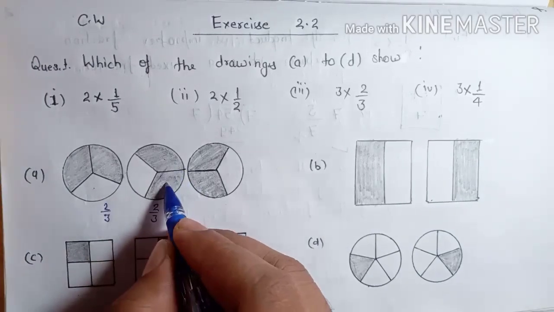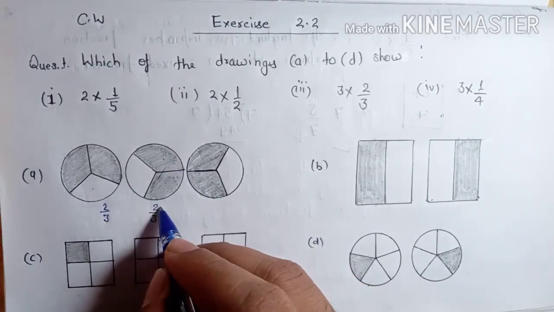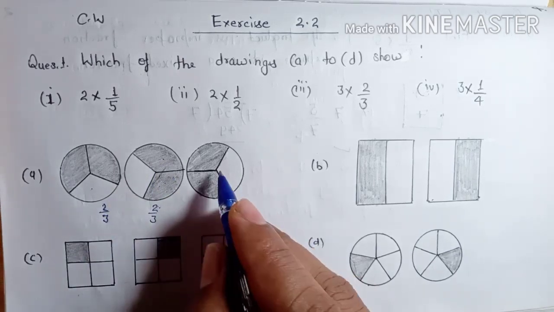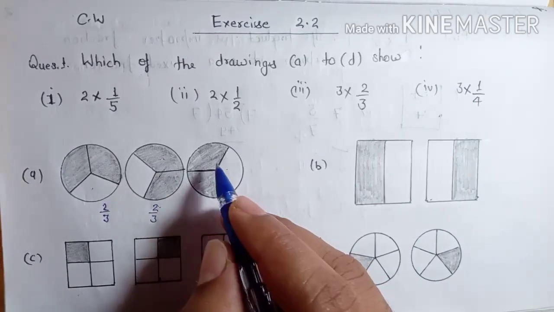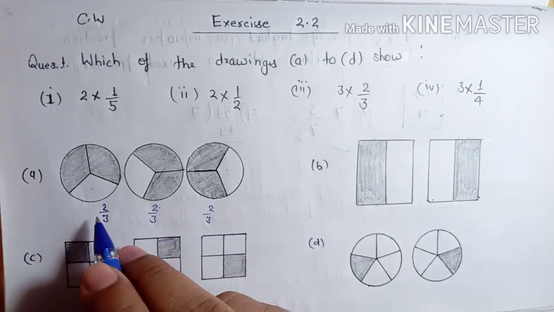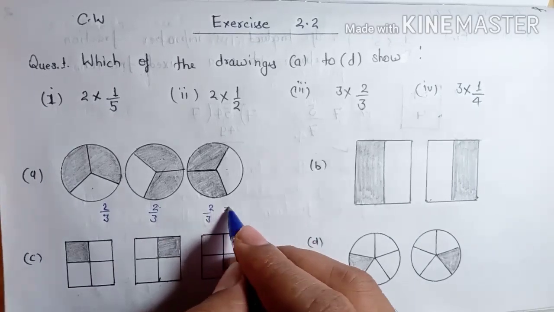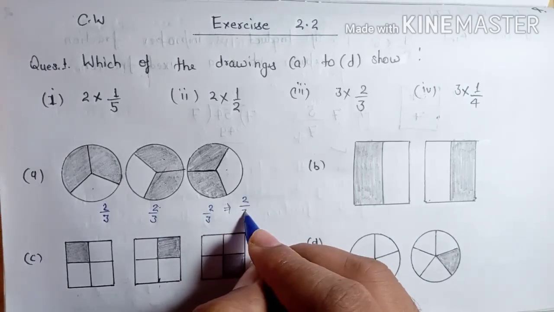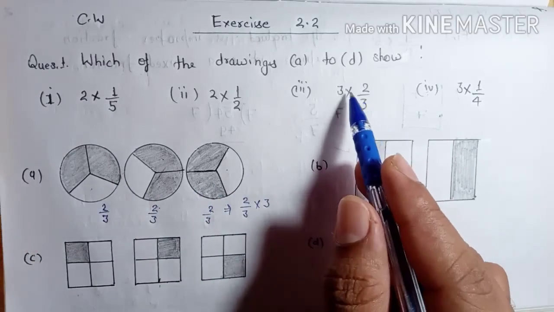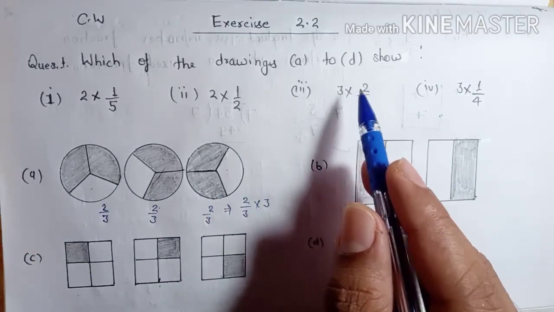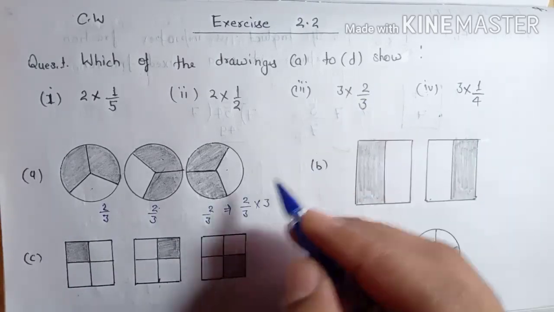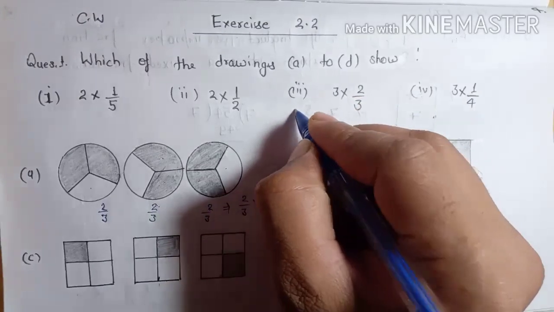And here again there are 3 parts and you selected 2 parts, so again 2 upon 3. So 3 times 2 upon 3 will give you 2 upon 3 into 3, or 3 into 2 upon 3. They both are the same. So the first option is for the third question.